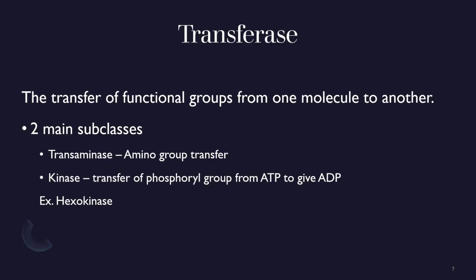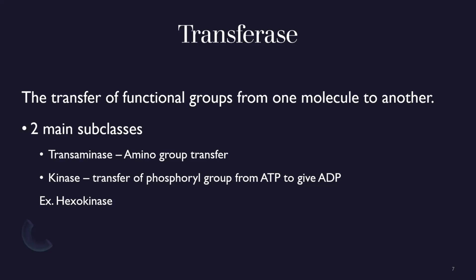Transferases. The transfer of functional groups from one molecule to another. I think this one is self-explanatory, and I think all of us are quite familiar with the functional group. There are two subclasses, which are transaminase, which is the amino group transfer, and the kinase, transfer of a phosphoryl group from ATP to give ADP. Kinases involve energy.